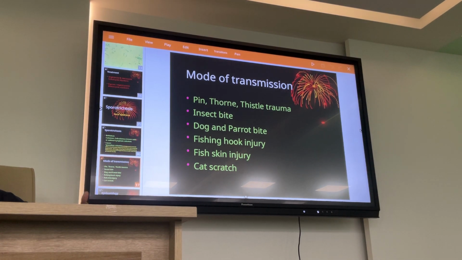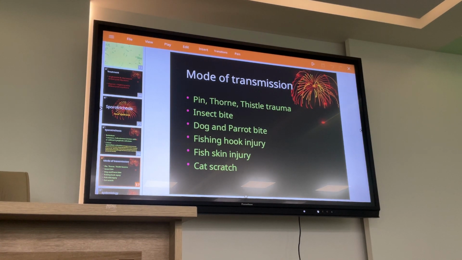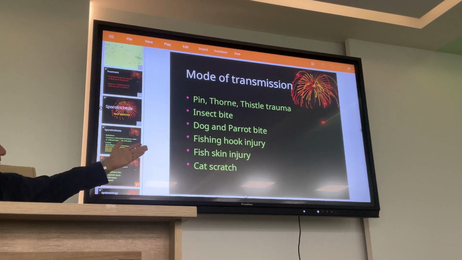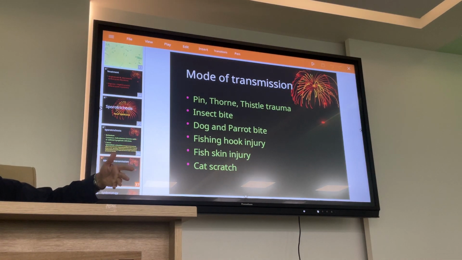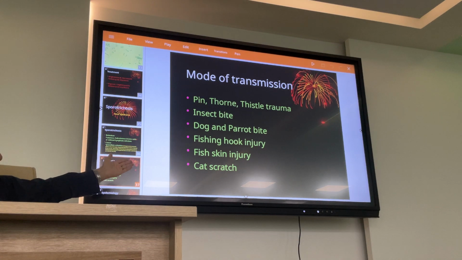Animal bite: Sporothrix may be inoculated into the skin by an animal bite, a dog bite, a bird like a parrot, a rodent, a mouse bite. Sometimes it may transfer with a watery instrument or animal, a fishing hook injury, a fish skin injury.